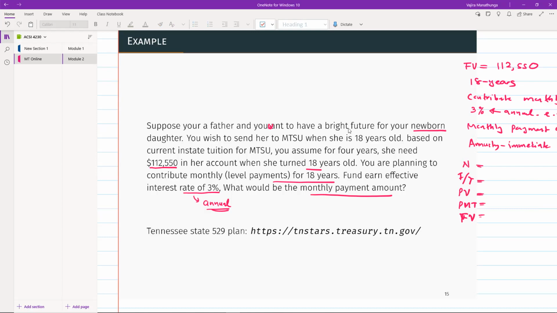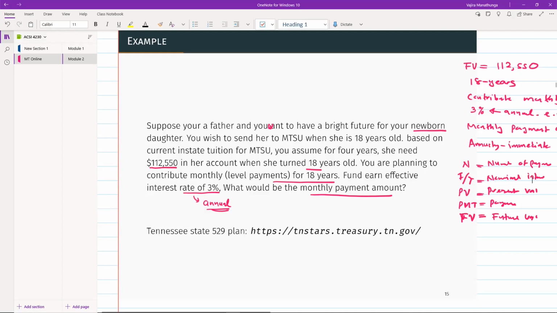What we are going to do is use these calculator functions to solve this problem. FV stands for future value. Payment is the payment amount. PV is present value. And I/Y is the nominal rate. And N is basically the number of payments.